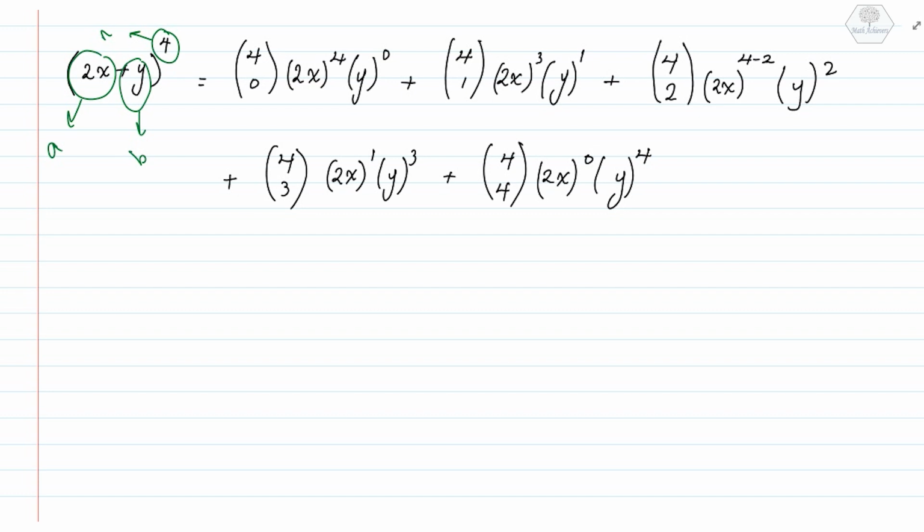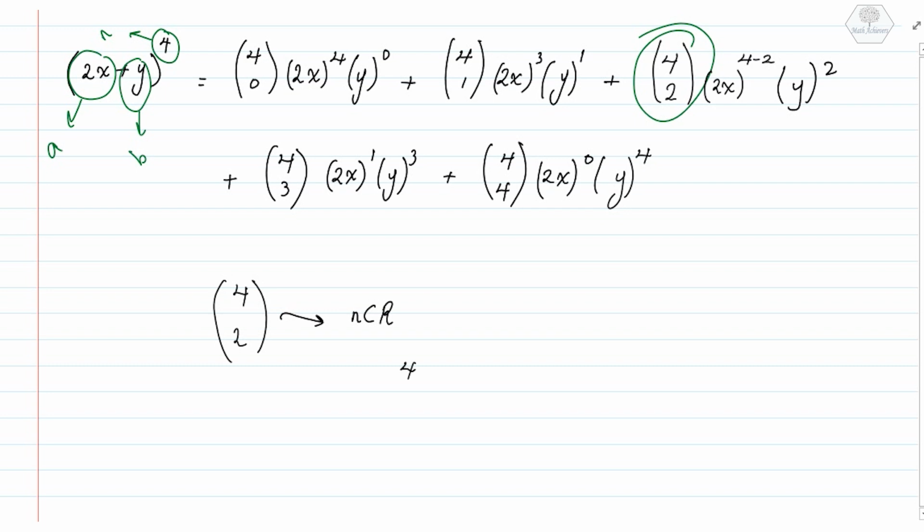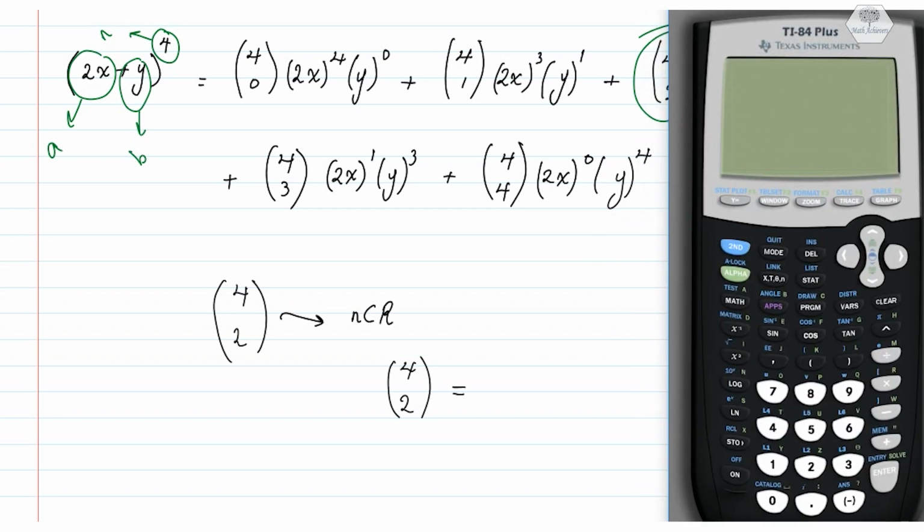To find the value of a combination, let's say I want to find the value of 4 combination 2. I use the nCr function on the calculator. Let's look at our GDC. We start, clear. We want 4 combination 2.